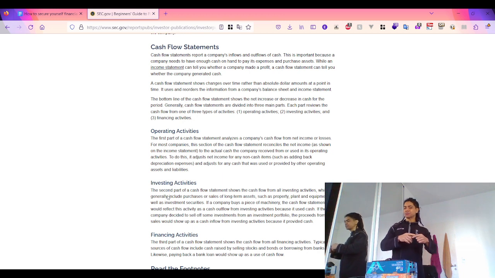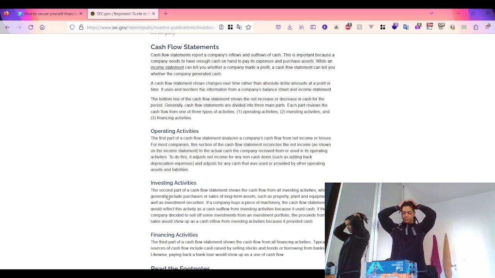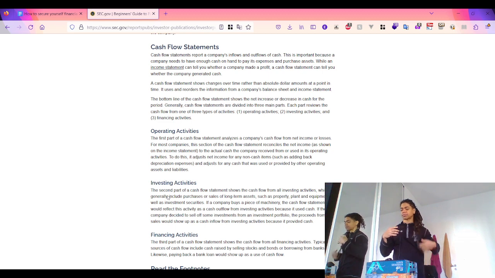Equity investment, where a company may purchase a significant amount of stakes in another company.